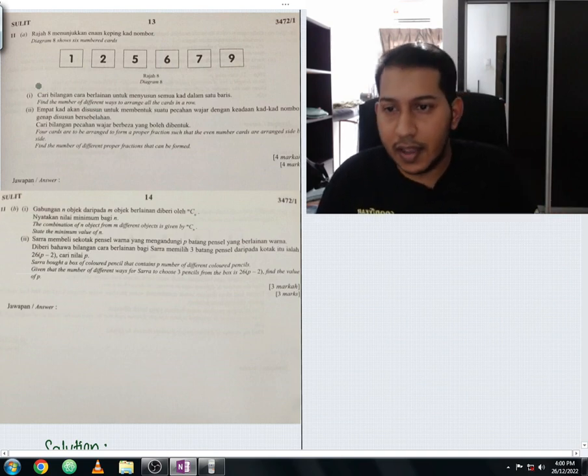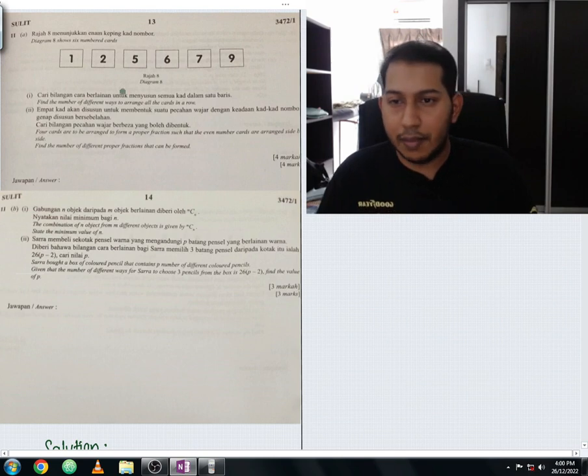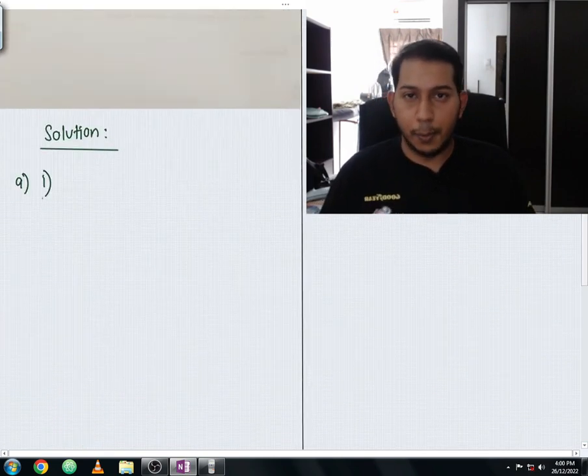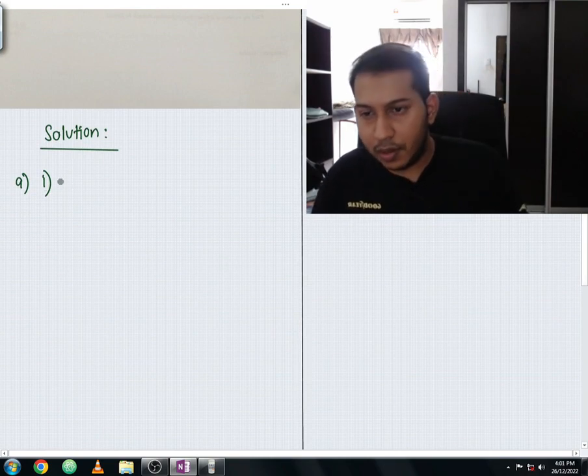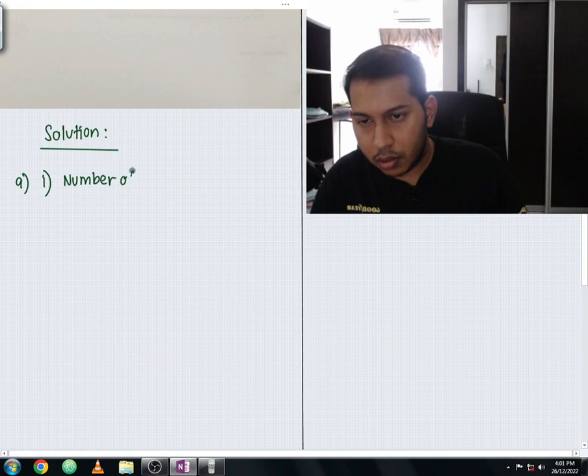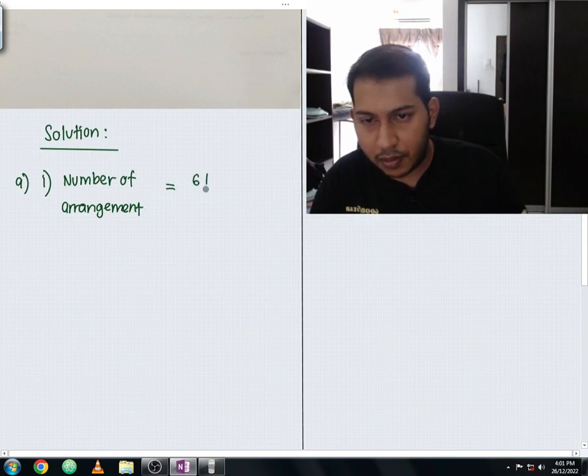If there's no constraint, that means the number of arrangements will be 6 factorial. So the number of arrangements in this case will be equal to 6 factorial.